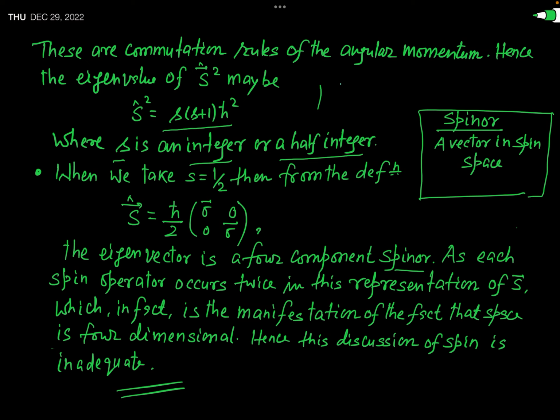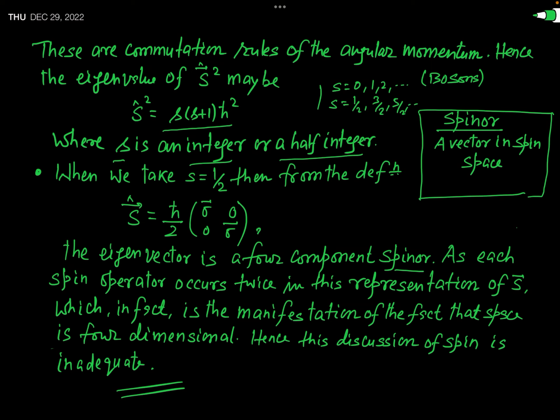When s is an integer, that is s equal to 0, 1, 2 and so on, the particle has integral spin, and those particles are called bosons because they obey Bose-Einstein statistics. But s may also have half integral values, that is 1 by 2, 3 by 2, 5 by 2, which are odd half integral.